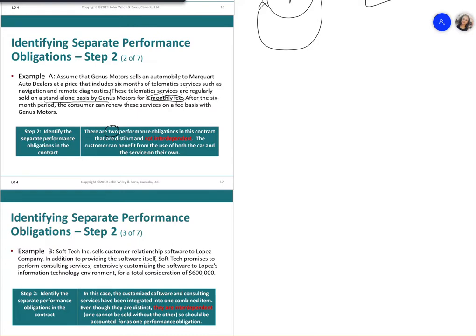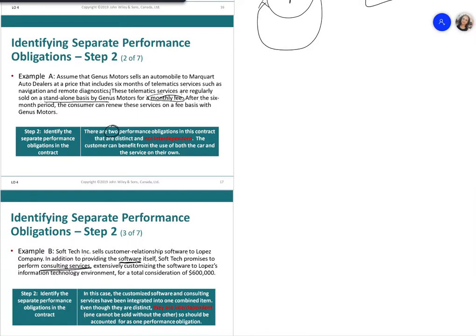In this case, Softtech sells customer relationship software to Lopez Company. In addition to providing the software itself, Softtech promised to perform consulting services. So we're providing them a software, and we're also providing them the consulting services. We're doing two. Are they interdependent?